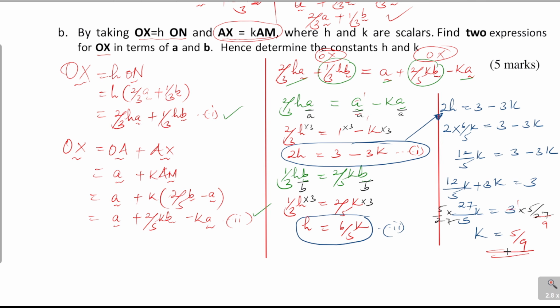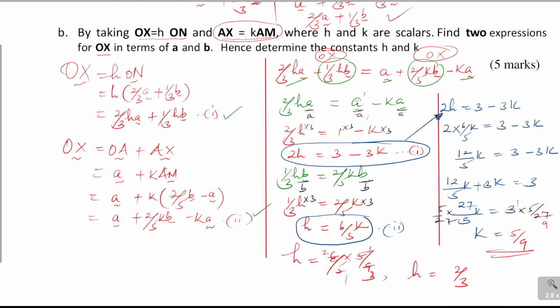So that is k. Having obtained k, remember h is 6/5k, and we got k as 5/9. So here you get h to be 2/3.